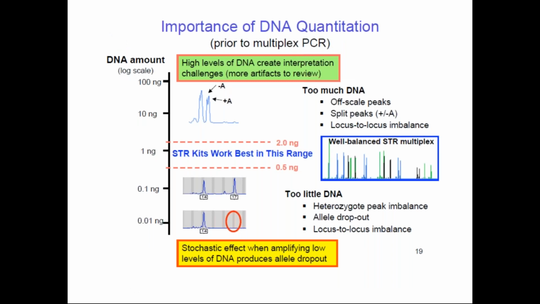Now, dear students, I would like to explain the importance of DNA quantification, because you know very well, whenever we visit the crime scene, after the crime happened, we visit that crime scene after a long time. It may be after 10 days, it may be after 100 days, or it may be after 1 year.